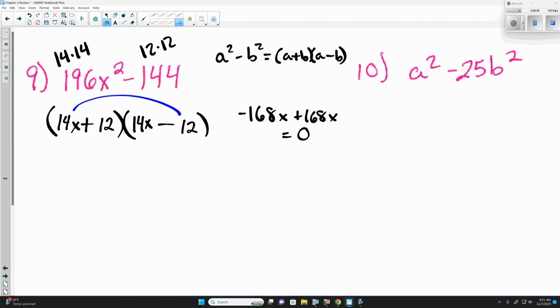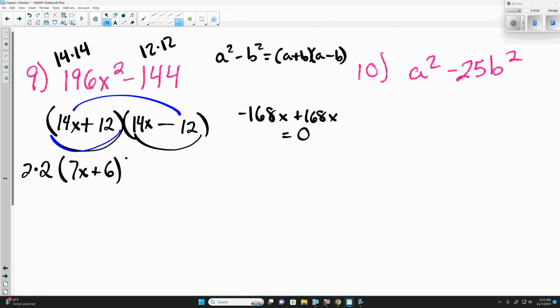Before we finish this one up, 14x minus 12, is their greatest common factor 2? Yes? So I can factor a 2 out of that. 14x divided by 2 is 7x. 12 divided by 2 is 6. How about the other one? So we have another factor of 2, yes?